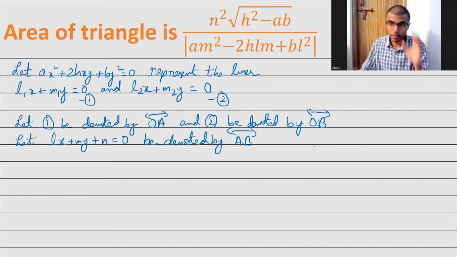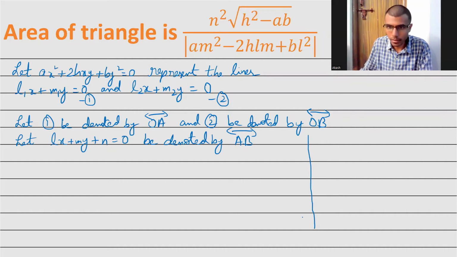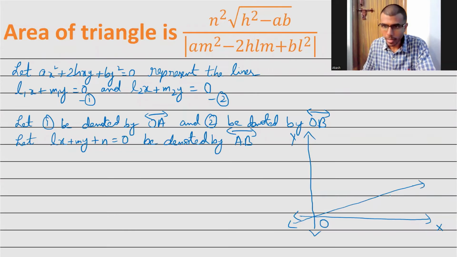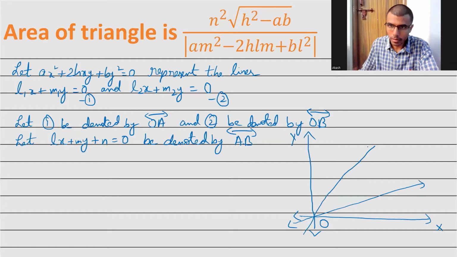Now I'm going to show you graphically, so that you will get a bit more clarity. Listen carefully. How this would come out graphically is something like this. This is my x-axis, this is my y-axis, and this is my origin. This is my line OA. Let me put all three and then show it to you nicely.